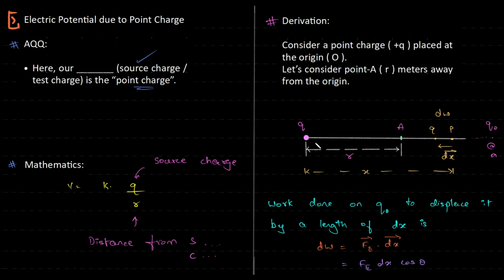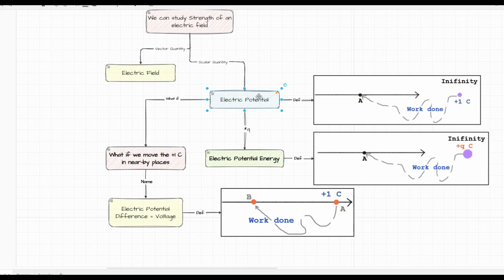So what is it that we looked at? See, we know that charges produce an electrical field. That is, they alter the space around them so that there is a certain force that another charge will experience. We're trying to understand this with the help of a scalar quantity known as electric potential. Electrical potential at a point is nothing but the work that we need to do to move a unit positive charge from infinity to that point.